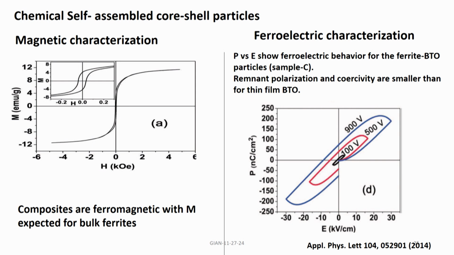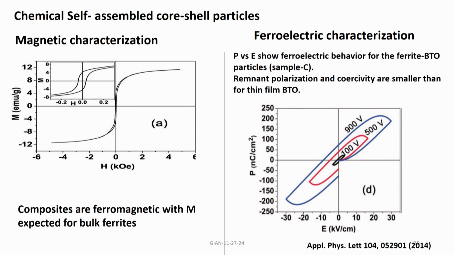All right, so now we characterized these coarser particles in terms of magnetic properties and ferroelectric properties, and you see traditional M versus H expected for a ferromagnet. So, the nickel ferrite is indeed ferromagnetic. That is what we used in these coarser particles.